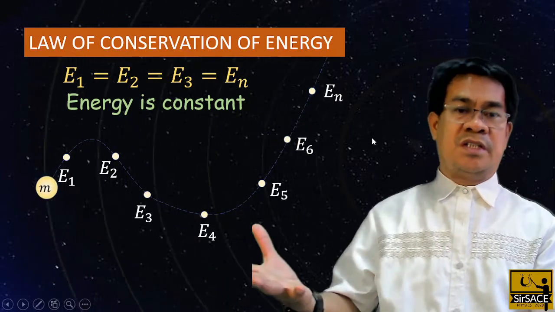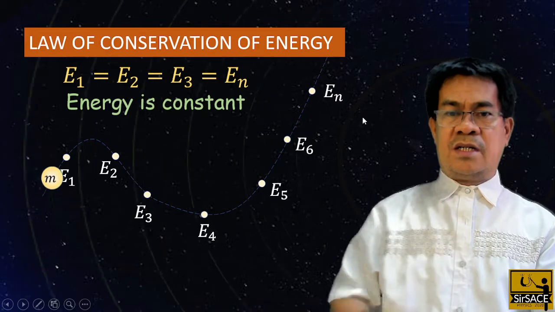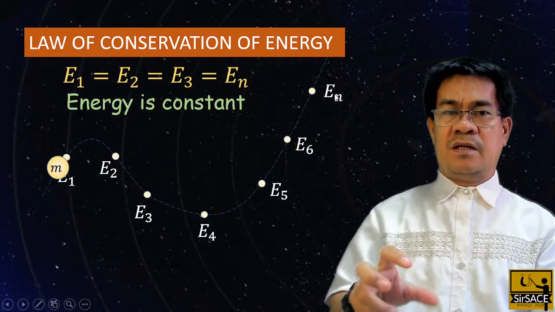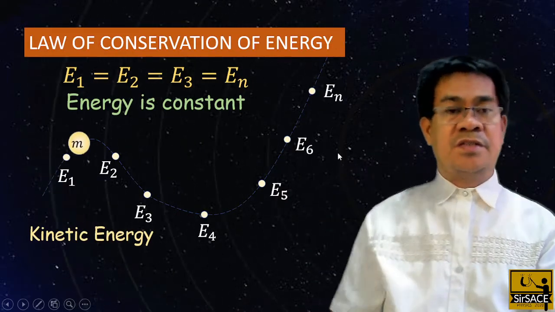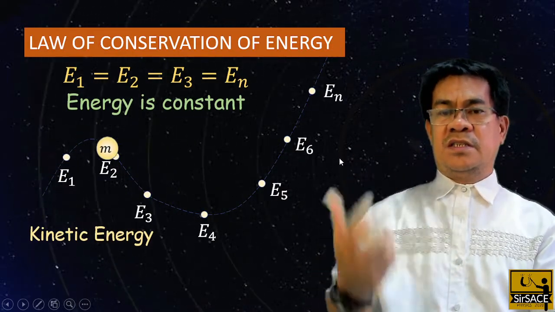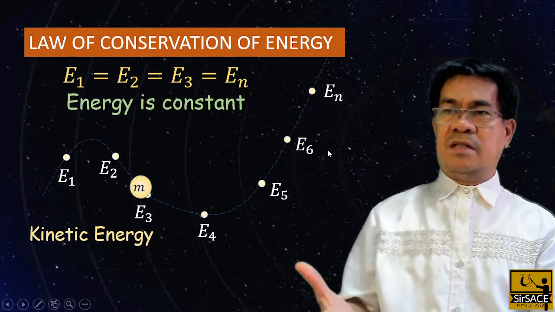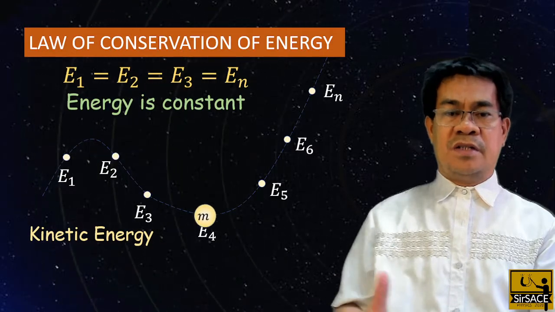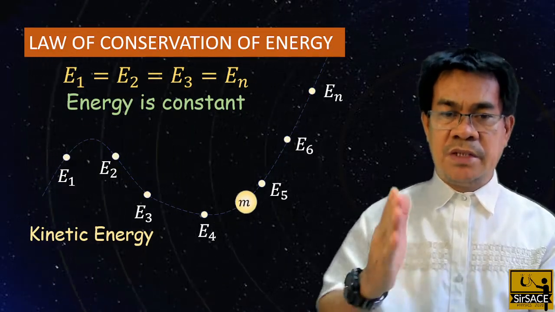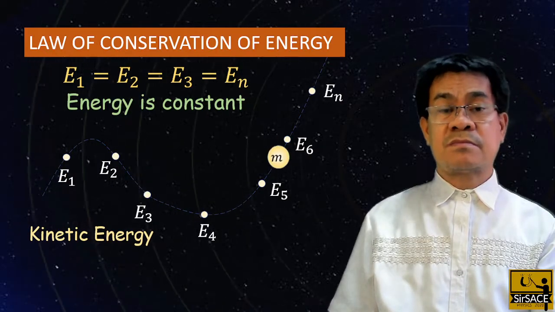So what are the energies that can be collected within the mechanical energy? We have the kinetic energy, because this energy is possessed by its velocity. Meaning, if there is a velocity, then there is a kinetic energy other than 0. But when the particle stops, then the kinetic energy is 0.